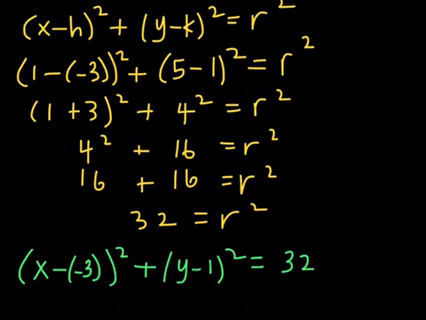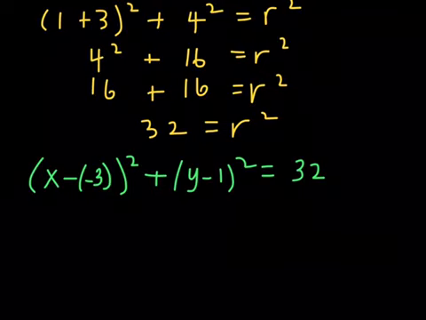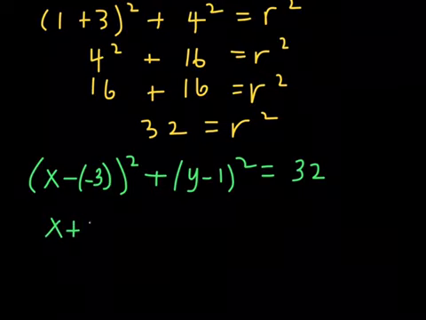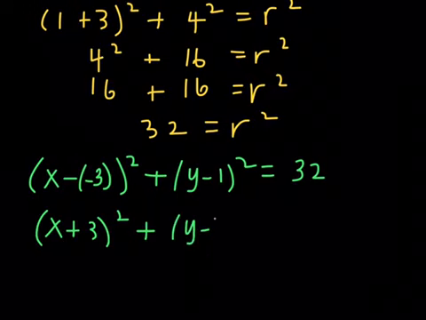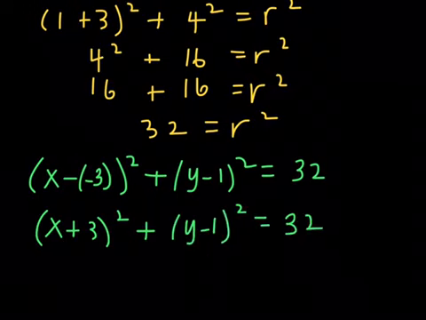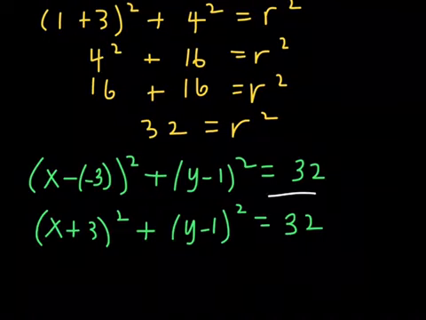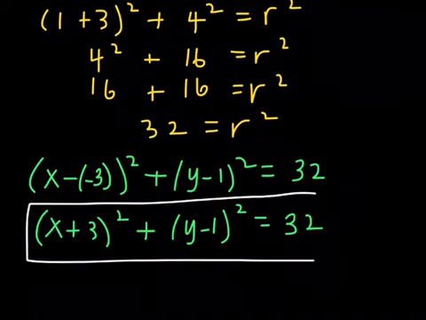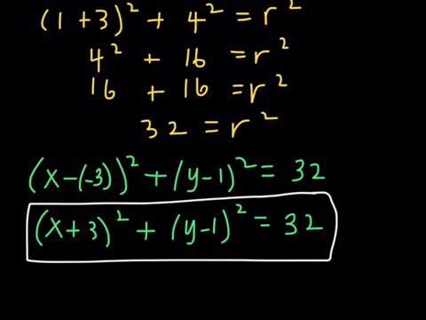I guess we're done, but I just want to clean this up a little bit. So it's x plus 3 quantity squared plus y minus 1 quantity squared is equal to 32. Remember, 32 is r squared, right? 32 is the square of your radius. So that's the standard form for the circle.